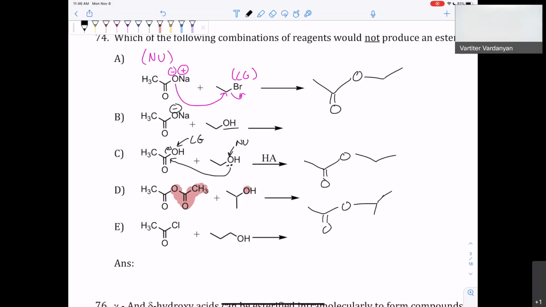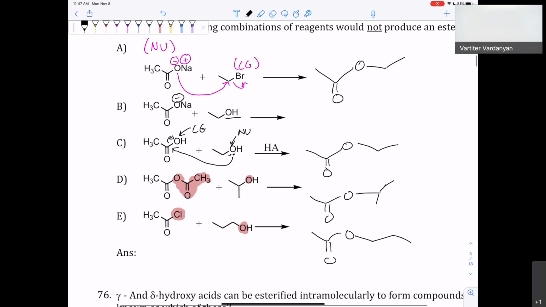And then for E, what is the starting material? Like, what's the functional group? An acyl chloride or an acid chloride. And then this right here is the nucleophile. So we get an ester. It looks slightly different again, but it's still an ester.